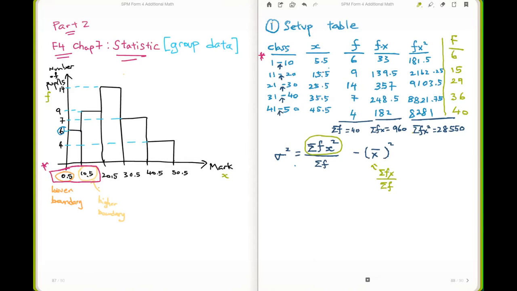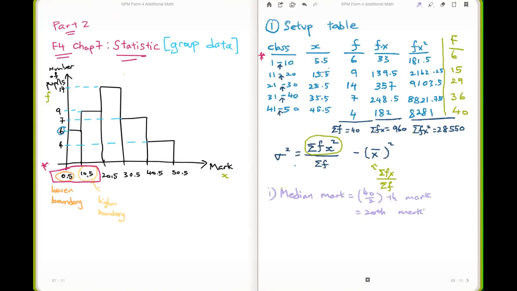Now, once you get this table done already, there are a few things you should know. First would be our famous median mark. To find the median mark, in the middle, the total frequency is 40 divided by 2, that would be the 20th mark.